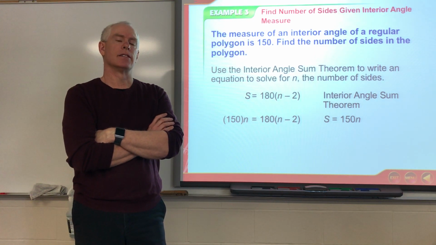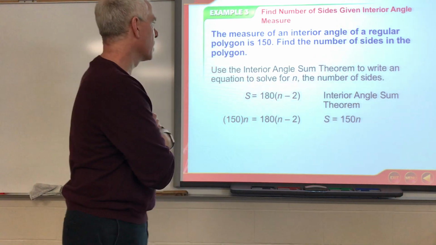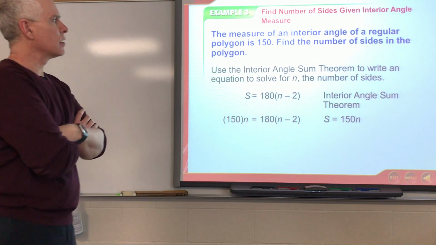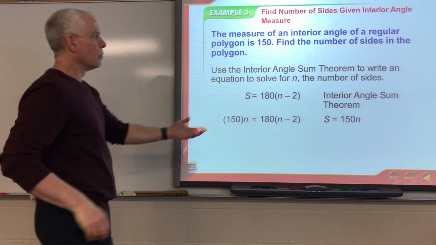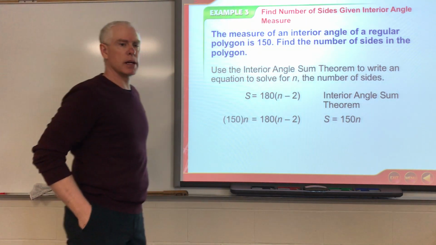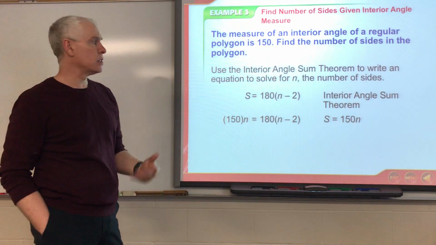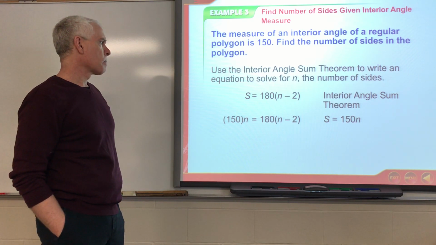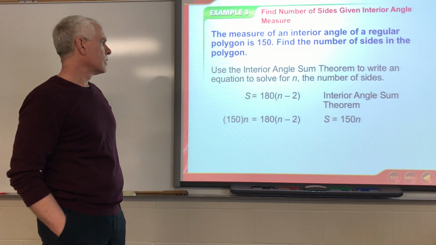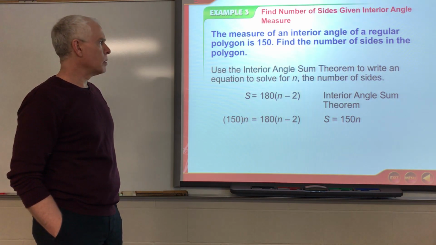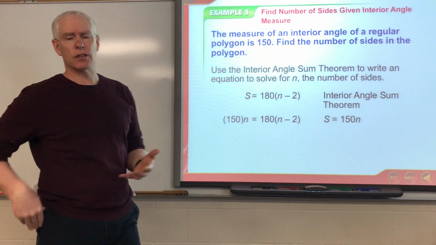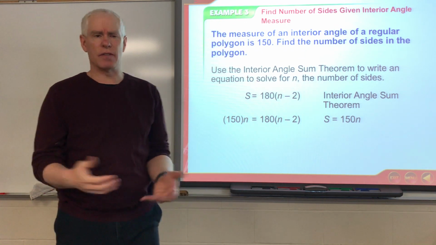Sorry you guys that we have an announcement going on there, but they're using the interior angle sum theorem to write an equation for n, the number of sides. So we know that 180 times n minus 2 is going to give me the total sum of interior angles, okay? And S is the total sum, and I know that it's going to be 150 times the number of sides, because they're telling me each interior angle is 150 degrees.